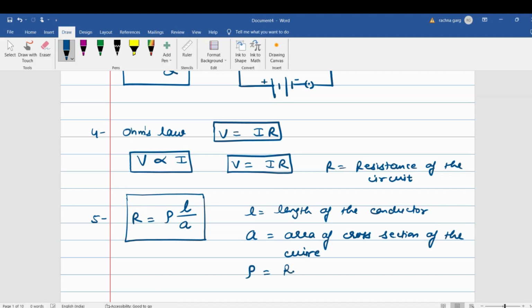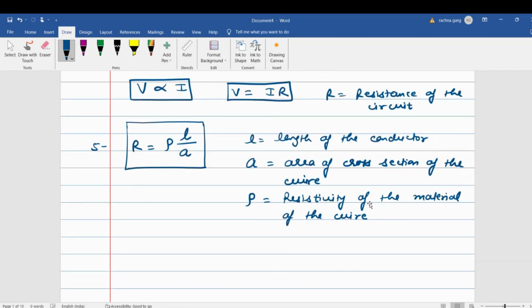And rho is resistivity of the material of the wire. Got it? It is depending upon the nature. L and A you can change, but rho is depending upon nature of material which you use to prepare the resistance wire.